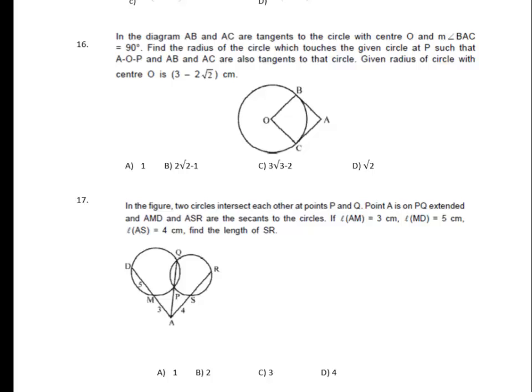AOP and AB and AC are tangents. That is not at all possible. What is AOP? AO is the diagonal. So how can I draw a circle? If I have to draw AB and AC as tangents, I should draw like this, or like this.